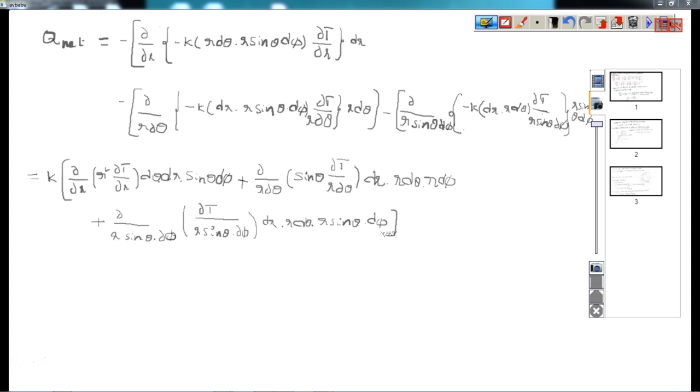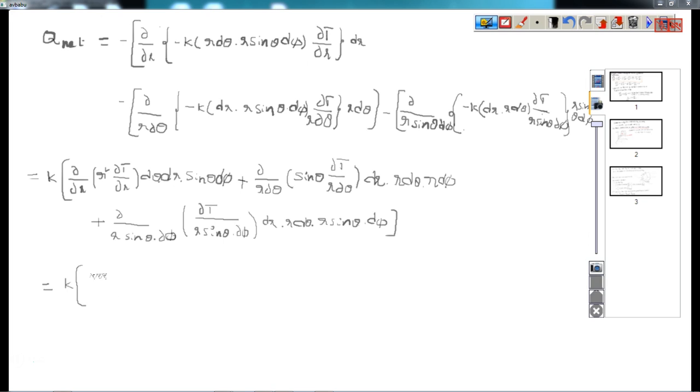So I have simplified this, and I am going to simplify it further like this. This is equal to k into k r.